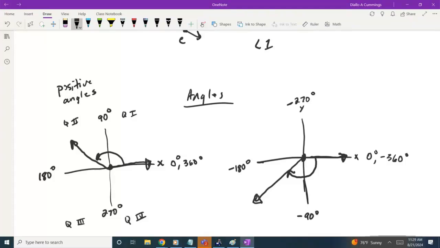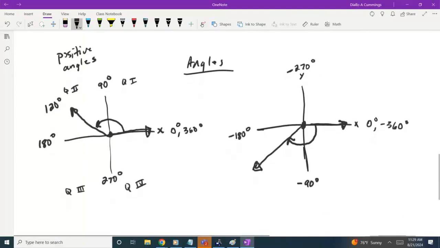Taking a look at these two examples, for this first positive angle, I'm going to guesstimate that at 120 degrees. And for that negative angle, this should be negative 120 degrees. Notice that positive 120 degrees is in the second quadrant, but negative 120 degrees is in the third quadrant.